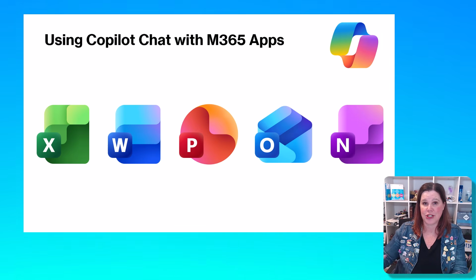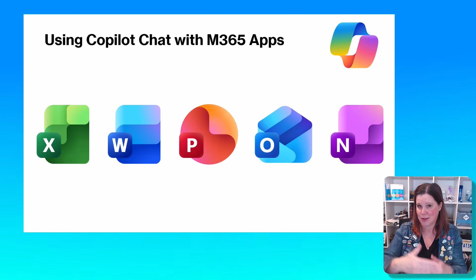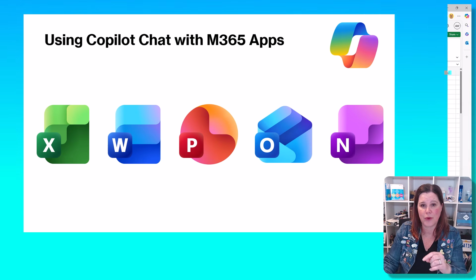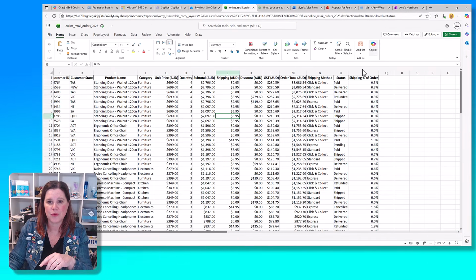The full version allows you to kind of get into all of your business data or affect changes to the things. This is actually just working with being able to sort of answer questions and work with the context of the open document. So that's where the limit is with the free version, but you can still do quite a lot with that.